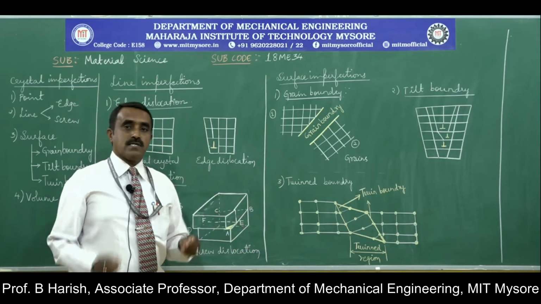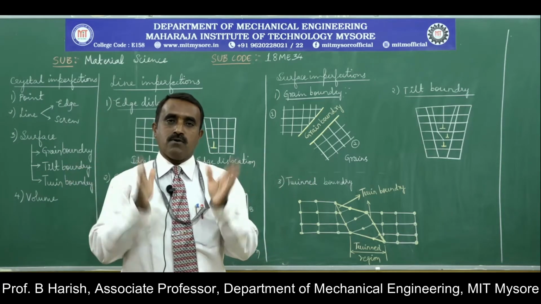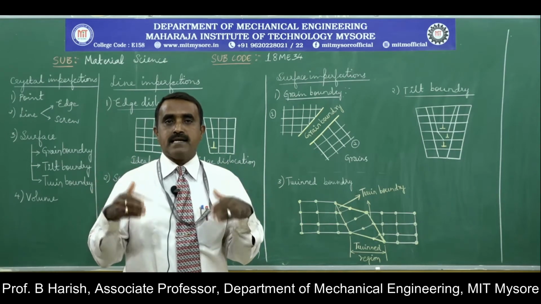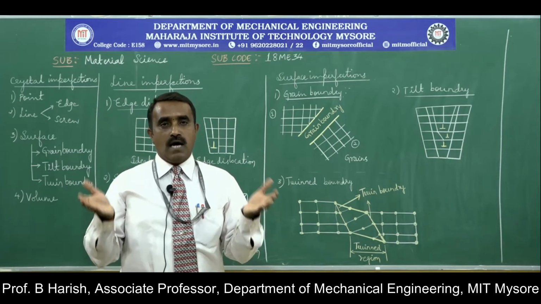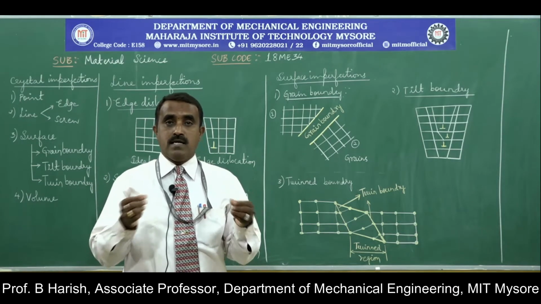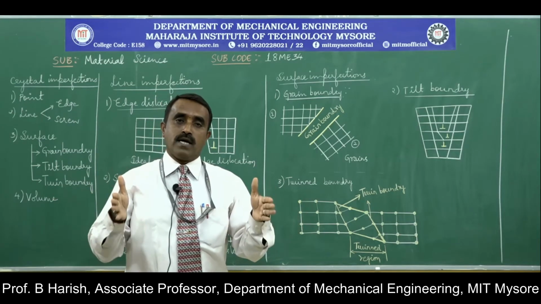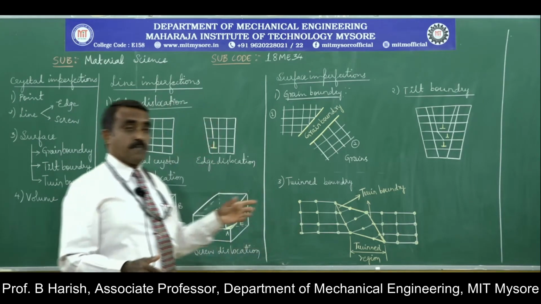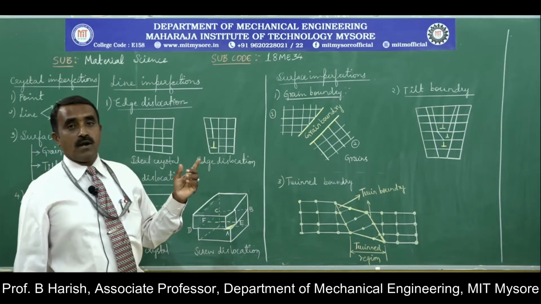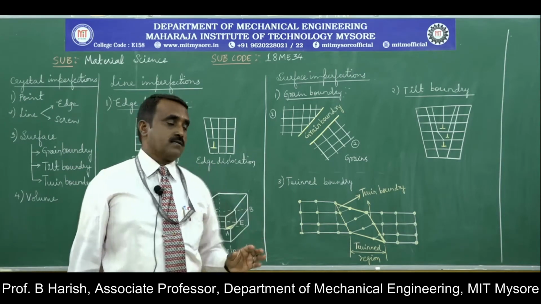Elastic deformation: if you take a rubber band and pull it, once you leave it, it comes back to its original position. That is elastic deformation, where the material regains its original position after removing the load. Plastic deformation is permanent. If you pull it, even after removing the load it remains in the same position. That is plastic deformation. So edge dislocation leads to a phenomenon called slip, due to which plastic deformation is seen in metals.